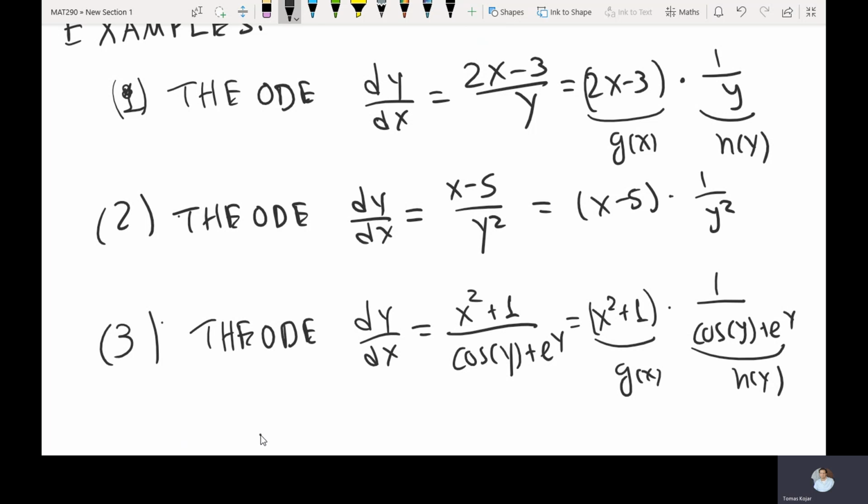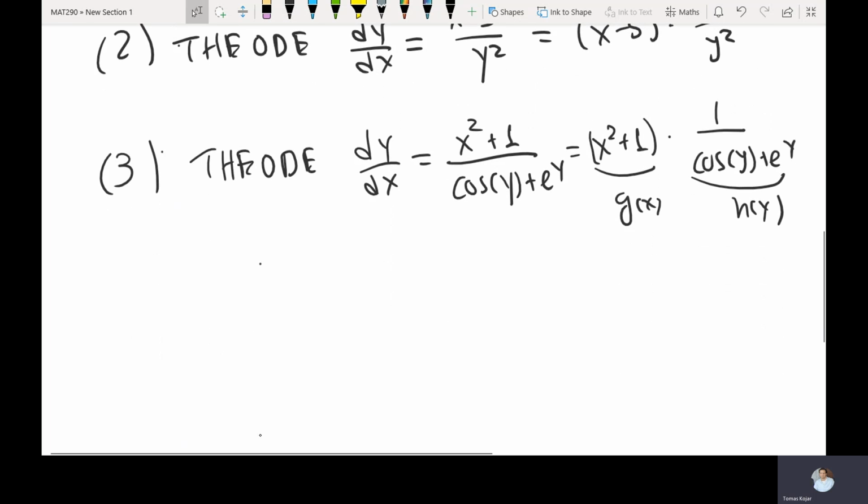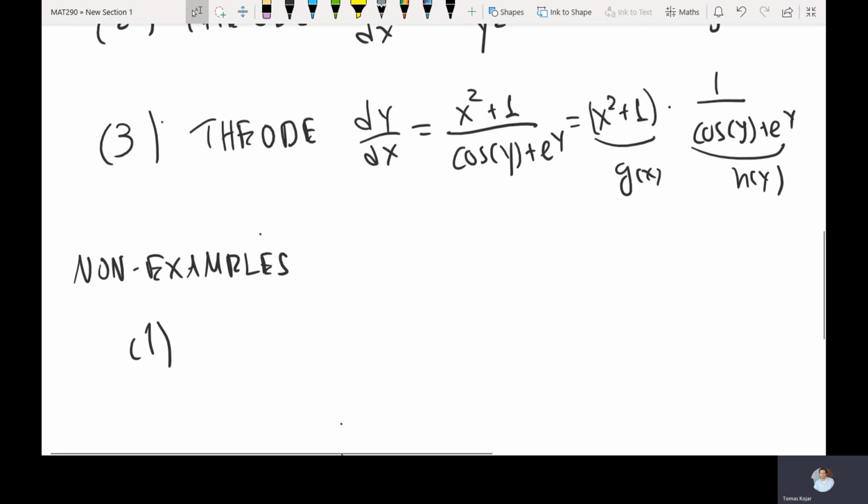Okay. Now let's look at some non-examples. That is, examples of ODEs that cannot be separated.